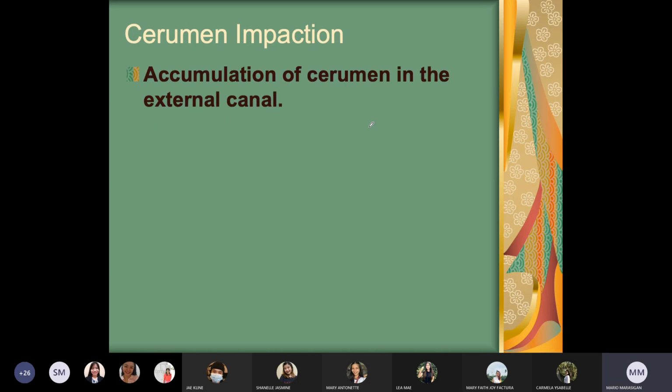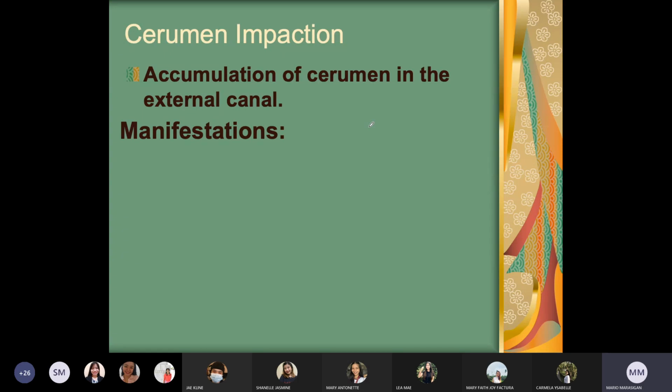For the impacted cerumen, it says that the impacted cerumen is blocking the external canal. Okay? Tigas talaga yan. Minsan they will detect it accidentally, lalo sa mga bata. Bakit bumababa yung grade nila? Bakit yung kanilang performance ay bumababa?